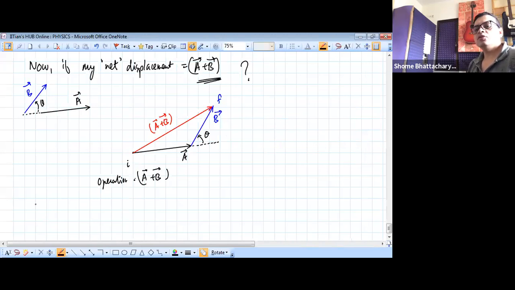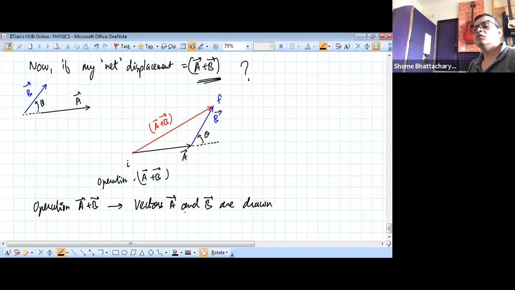Okay. So for the operation A plus B, vectors A and B are drawn successively.